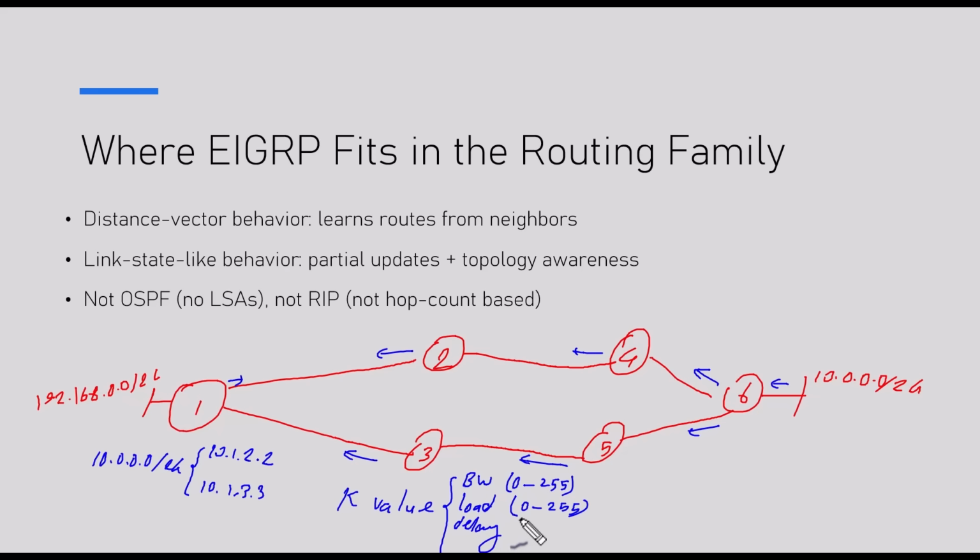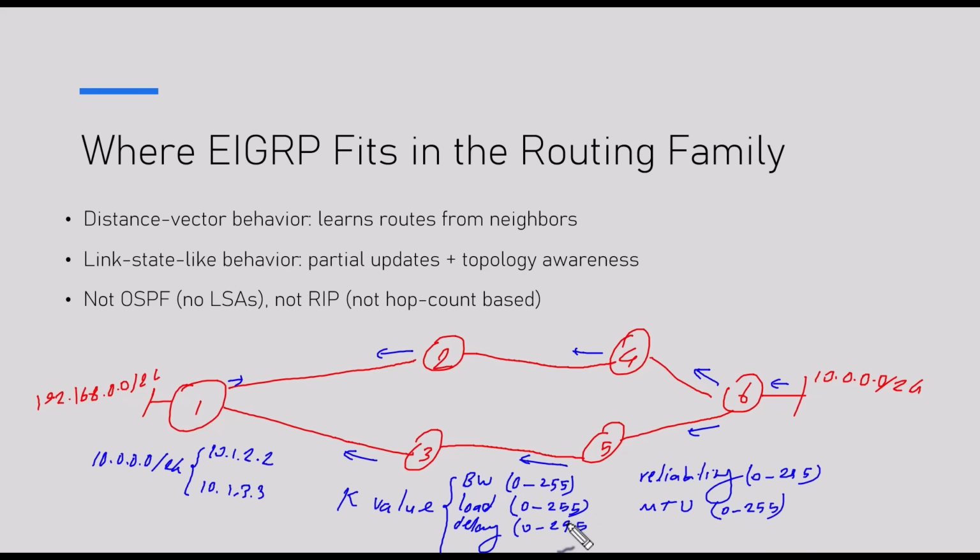Delay again is the same thing, 0 to 255. Fourth one is going to be reliability. Same thing, 0 to 255. And finally, we have MTU. MTU can have another value of 0 to 255.